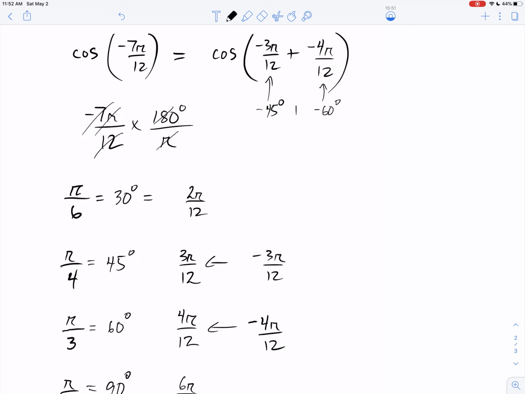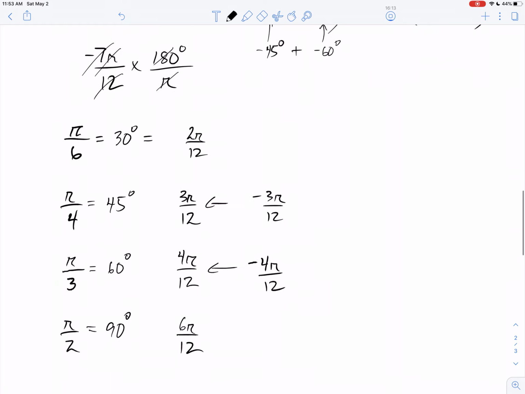So I could rewrite this to look like that. This cosine of negative 7 pi twelfths could be rewritten as cosine of negative 45 degrees plus negative 60 degrees. If I want to do it that way, can I? Sure. But here's what I'm getting at.